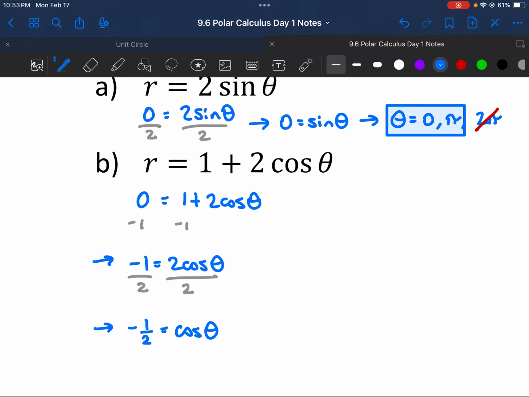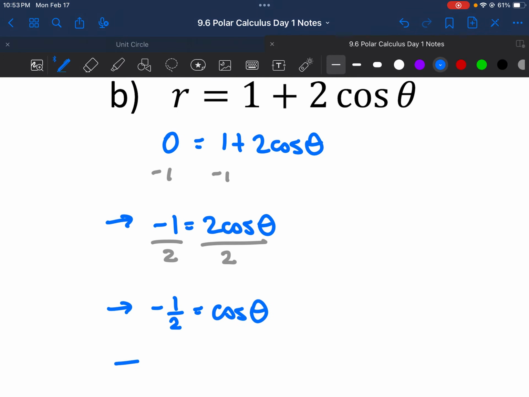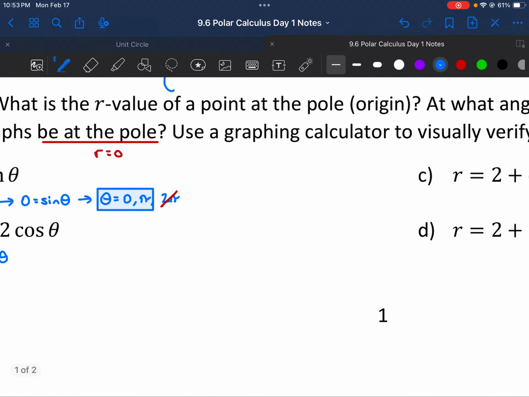Now we want to know, when is the cosine of theta equal to -1/2? This is just unit circle knowledge. This is when theta is 2 pi over 3 and 4 pi over 3. And we stop there. The next one would go beyond 2 pi.